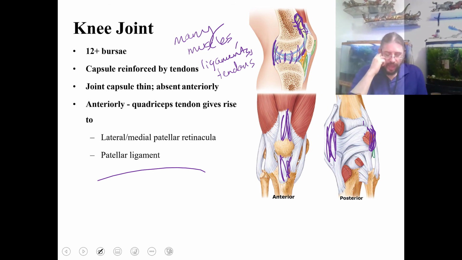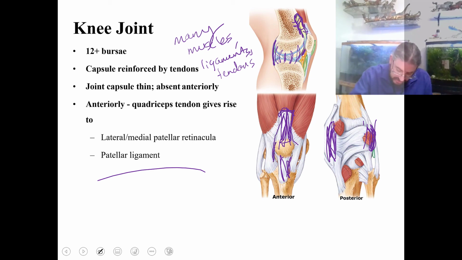The quadriceps tendon, right here, gives rise to the patellar ligament, and then curving around, you get the lateral and medial retinacula.